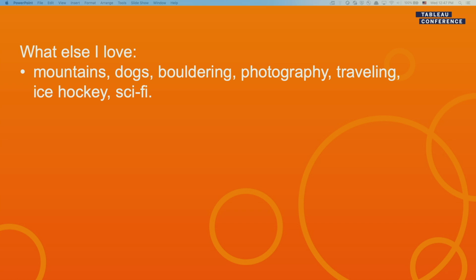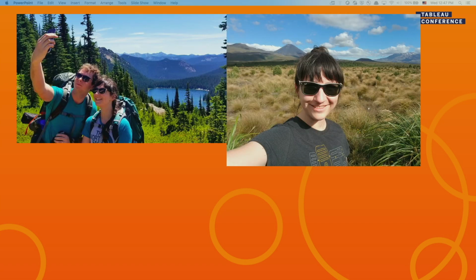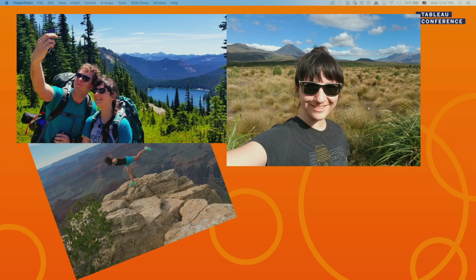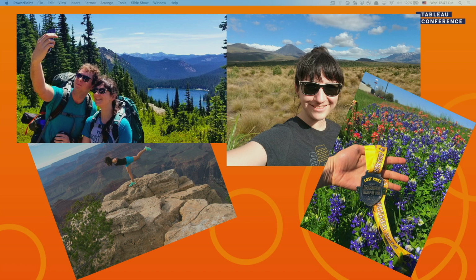I love dogs. I love bouldering, photography, traveling. I play ice hockey, and I love sci-fi. So this is me and my husband hiking PCT. That's me in New Zealand, me in front of Grand Canyon posing there, and then running a half marathon in Texas. And that's, of course, a picture of a medal in front of bluebonnets.